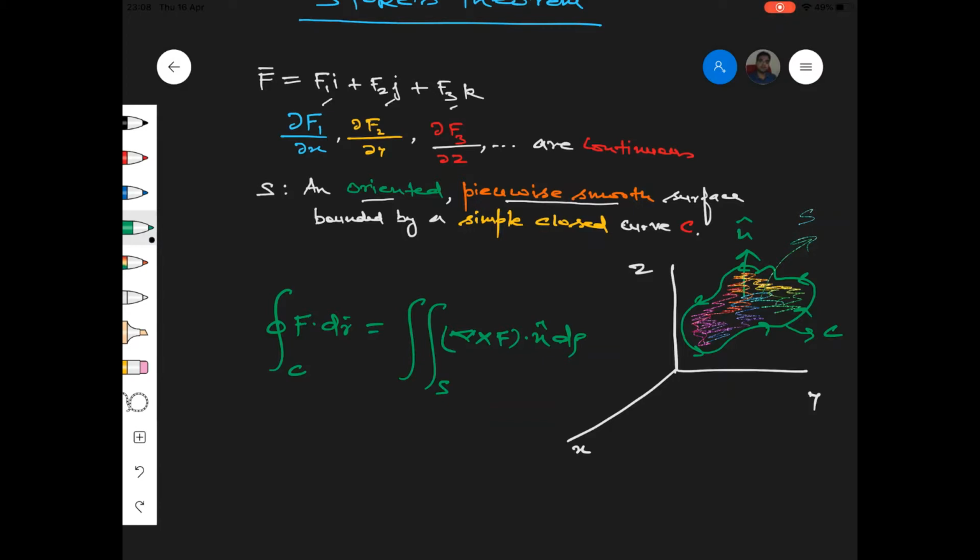So this Stokes theorem actually relates the line integral F dot dr around a simple closed curve C, which is equal to the surface integral of the normal component of del cross F.